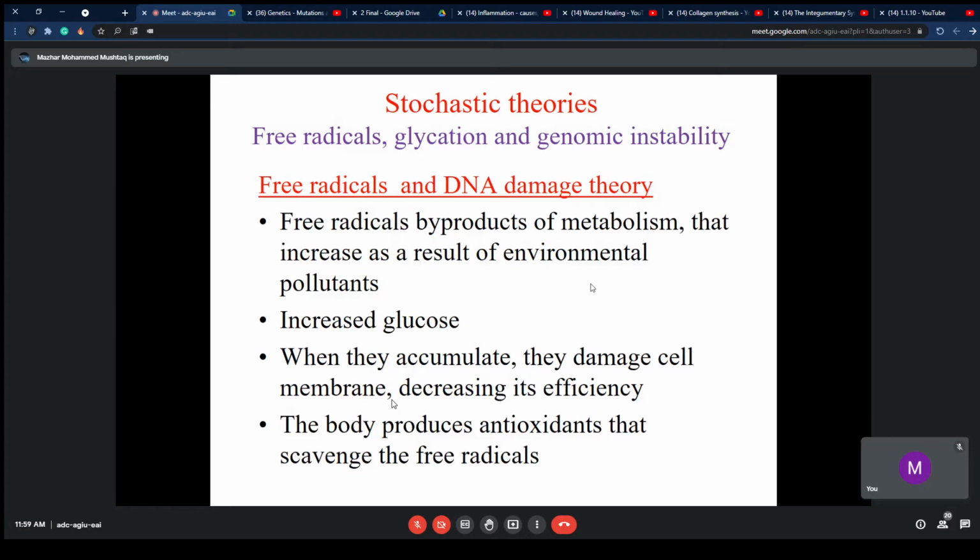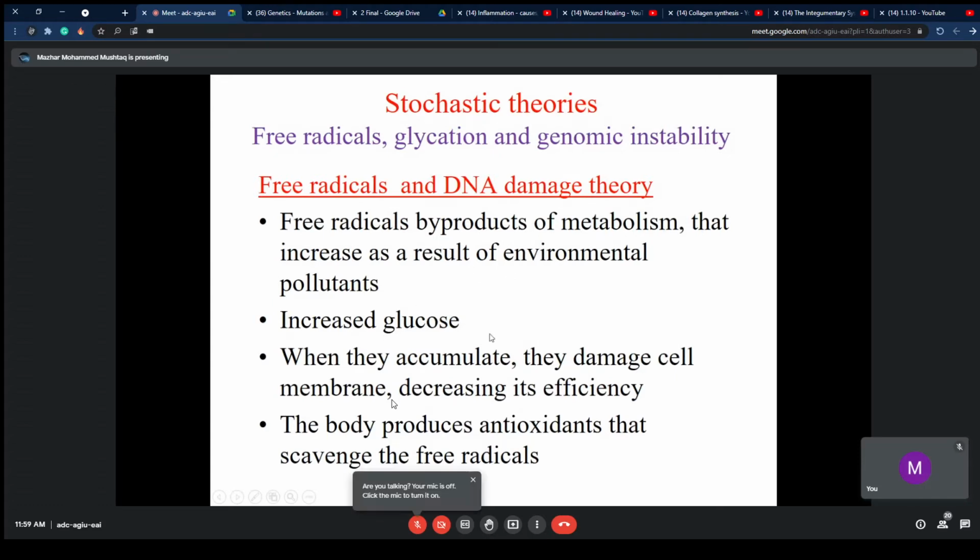But as we grow older, this detoxification would stop, and as a result, these free radicals are going to damage the physiological function of the cell. And this damage is not only because of the free radicals, it is because of the increased production not being taken care of by the cell, and this increased production can be a byproduct, or environmental pollutants can also cause the production of free radicals in our body.